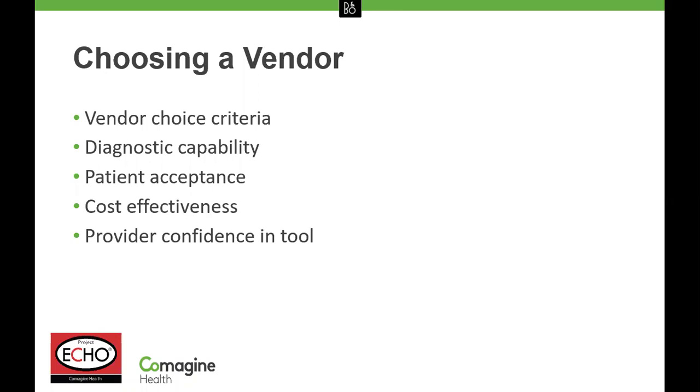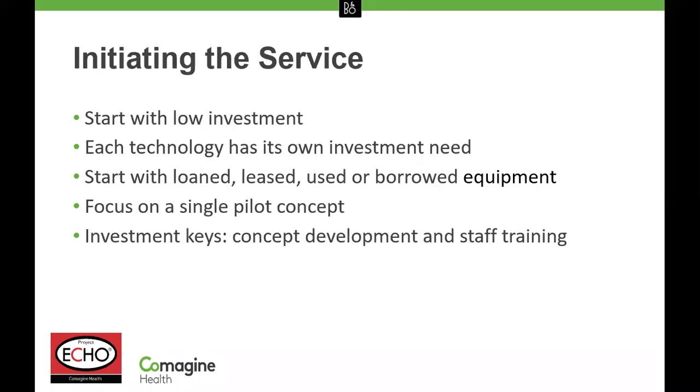Okay, next slide. We can come back on these. Initiating the service, some of the things, again, in our decision model, we try to always look at how do we start with a low investment. We'll talk about piloting in subsequent slides.